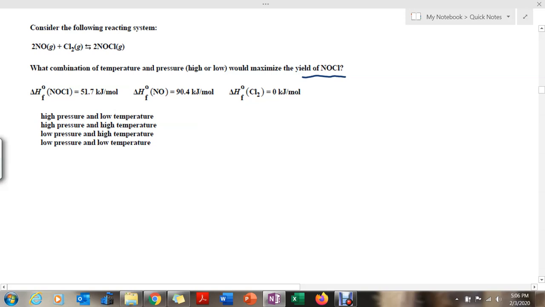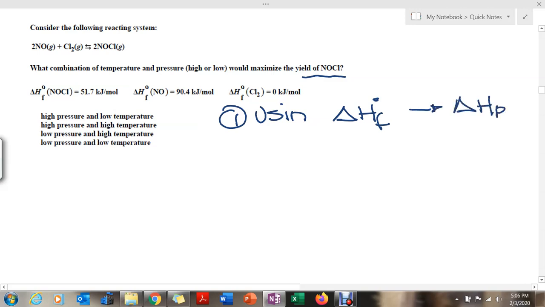Because you're going to find the enthalpy of the reaction to know if it's exo or endo. So the first step is using the standard enthalpy of formation, you're going to find out the enthalpy of the chemical reaction, and that is going to tell you if it's exo or endo.